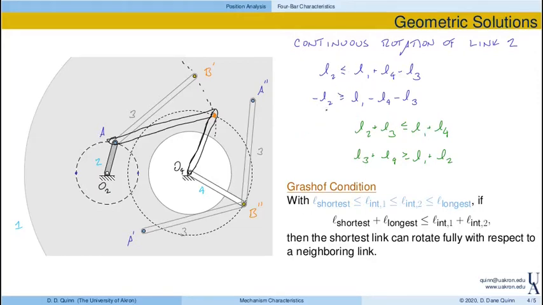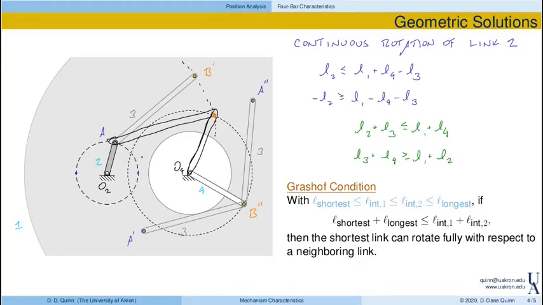So it turns out that we can combine all of these things for all the different designs and configurations of a 4-bar linkage into what's known as Grashof's condition. If we order the links from shortest to longest, so L shortest, L intermediate 1 and 2, and then L longest, then if the sum of the shortest and longest links is less than the sum of the two intermediate links, then the shortest link can undergo complete rotations.